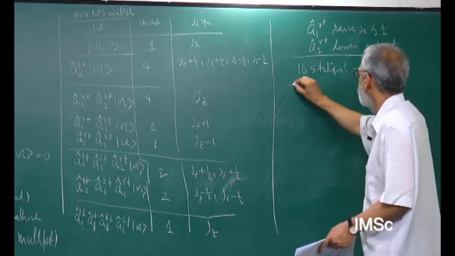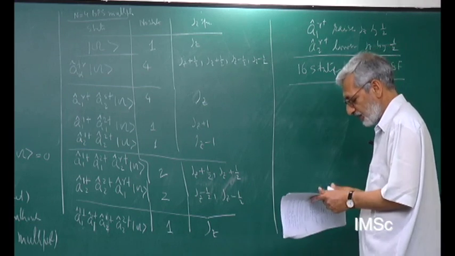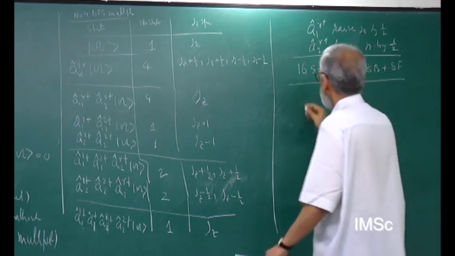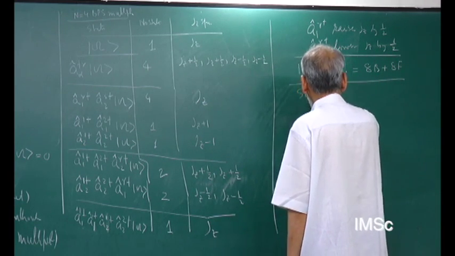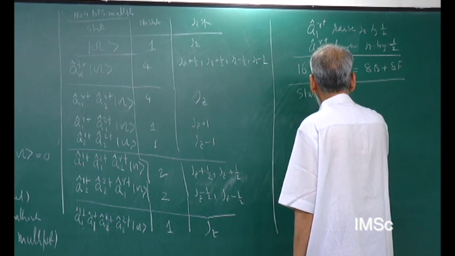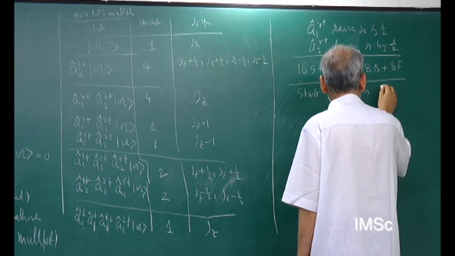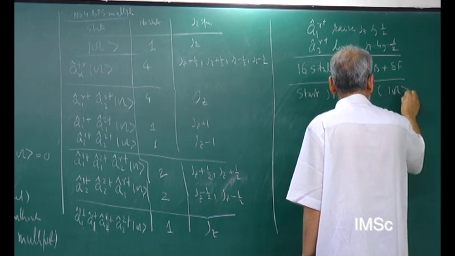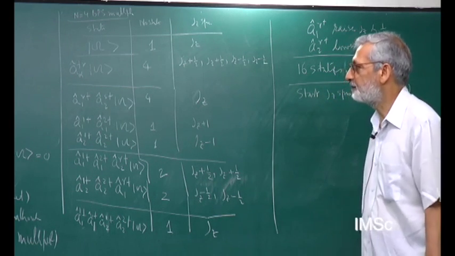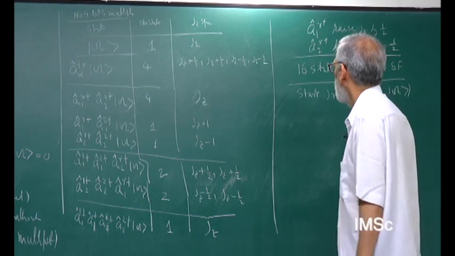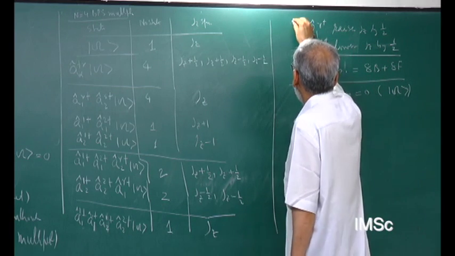In particular, let me take a multiplet with starting JZ spin equal to 0. That means the vacuum state has JZ 0. So what do I have here? Let me write it here.